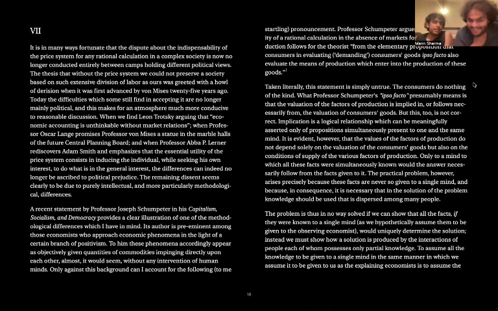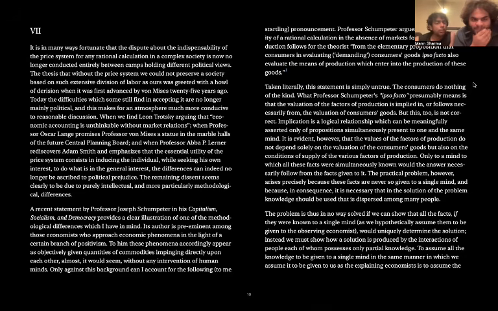It is in many ways fortunate that the dispute about the indispensability of the price system for any rational calculation in a complex society is now no longer conducted entirely between camps holding different political views.